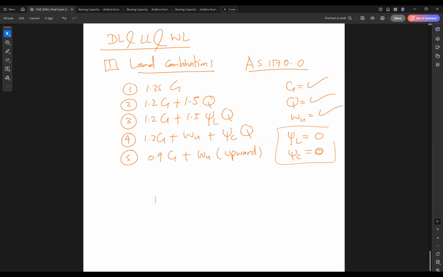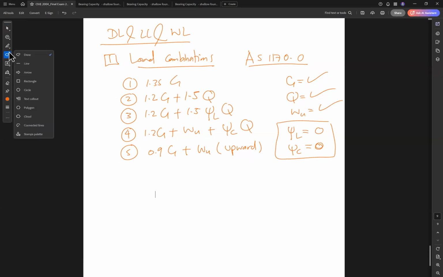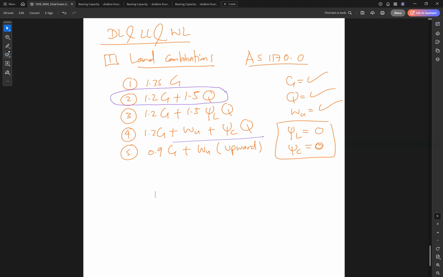So if we know all this data, you can find the load combination, right? After we got the load combinations, this will be maybe one of the requirements. If I ask you what is the maximum load combination, you need to find this one, number 5, for example. So let's assume the maximum load combinations are this one and this one.